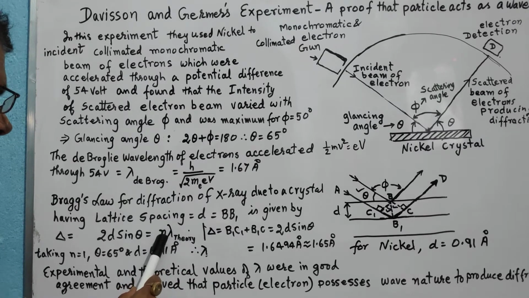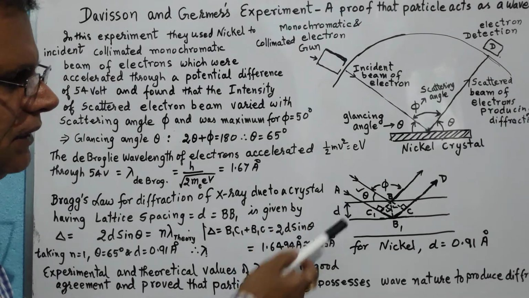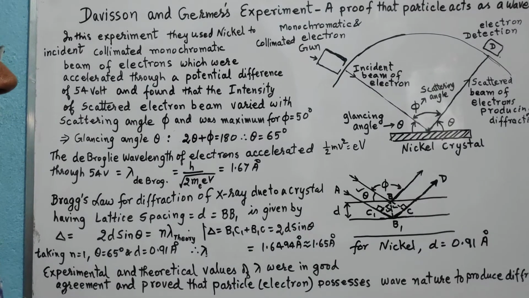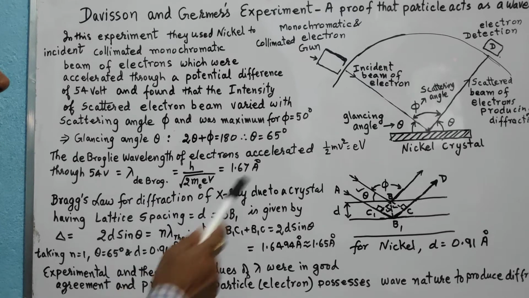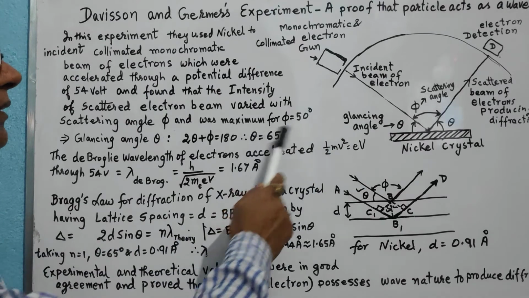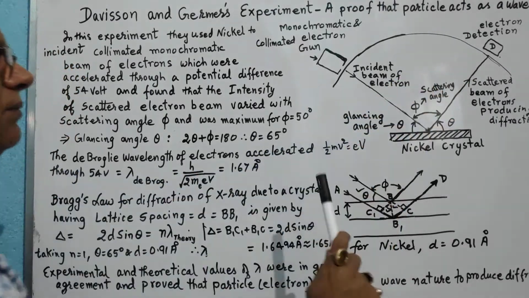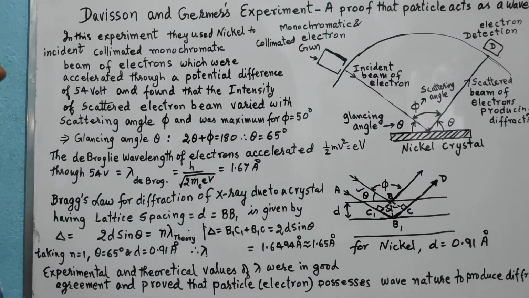For maximum intensity we have n is equal to 1, and d is the lattice spacing between the two layers of the crystal, which in this case for nickel is 0.91 angstrom, and the glancing angle in this experiment for which they got the maximum intensity was 65 degree.